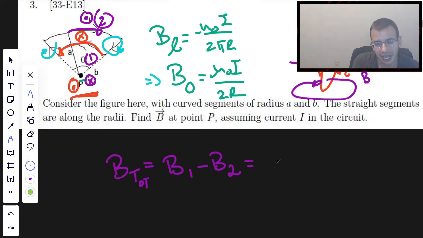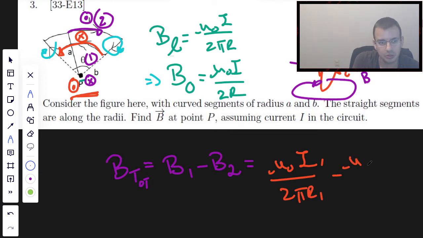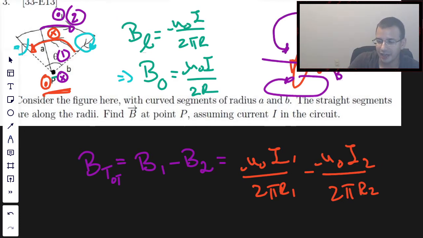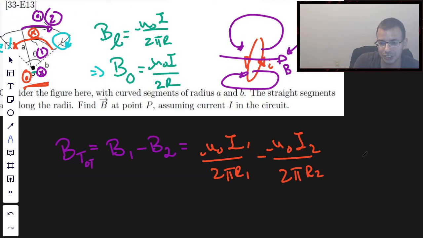All right, so we're going to have mu naught I1 over 2 pi R1 minus mu naught I2 over 2 pi R2. For this, I1 and I2 are the same, so I'll just write over here, I1 equals I2.